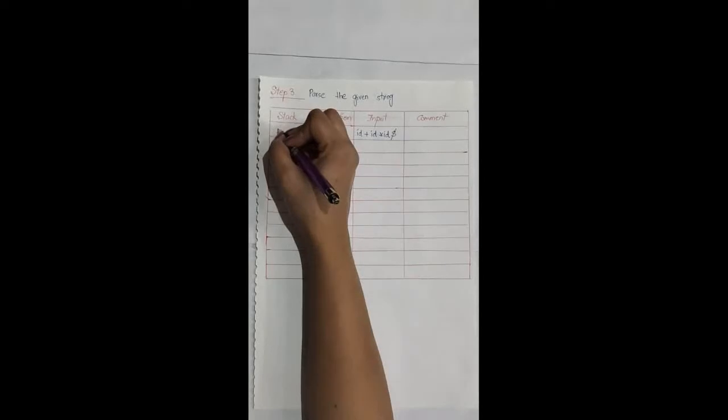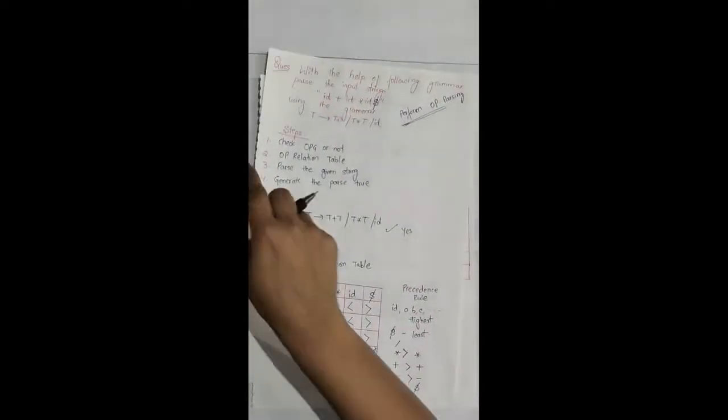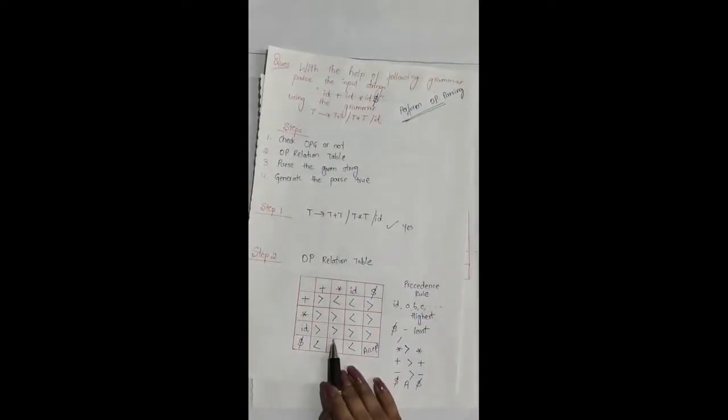Stack, initially stack will contain a dollar symbol as the top of the stack element. Relation, for this we have created this table, operator precedence relation table. And last is comment. Comment means whether we are applying a shift action or we are taking a reduce action. I hope you know what is shift action and what is reduce action, because I have already explained these two actions in my last video.